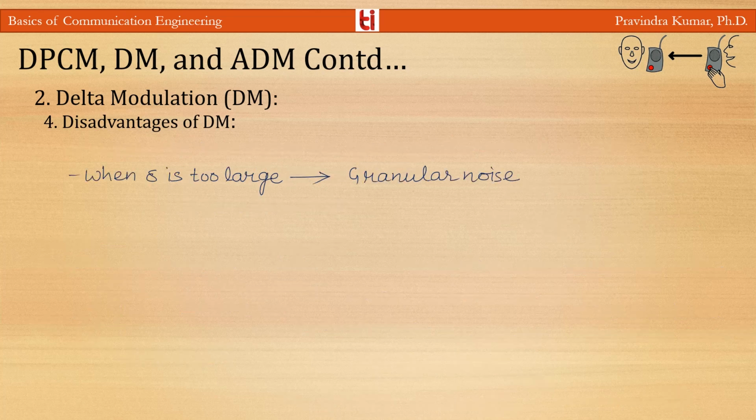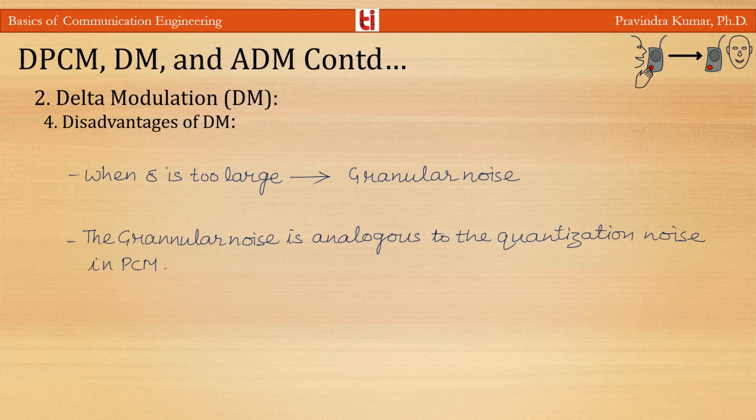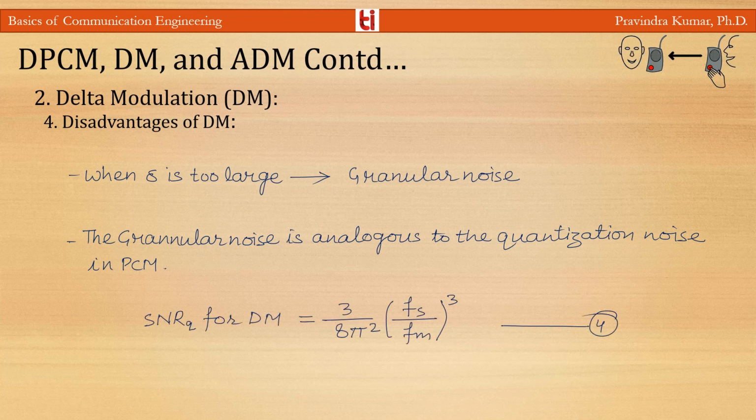Now granular noise occurs when the step size is too large relative to the local slope characteristic of the input waveform. The granular noise is analogous to the quantization noise in a PCM system, and the signal to quantization noise ratio for the DM can be calculated as 3 by 8 pi square into the cube of fs by fm.